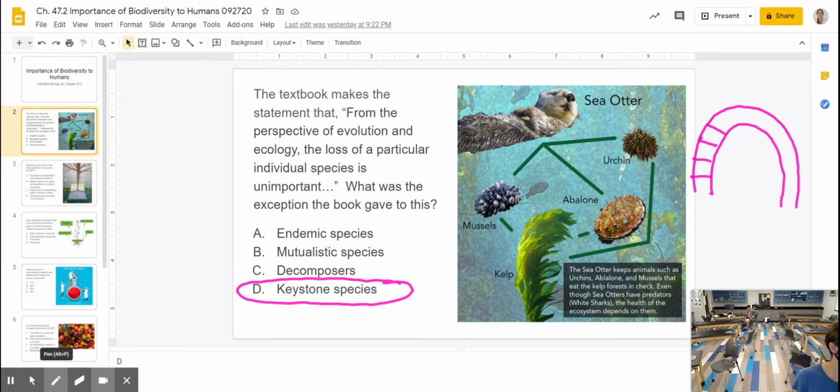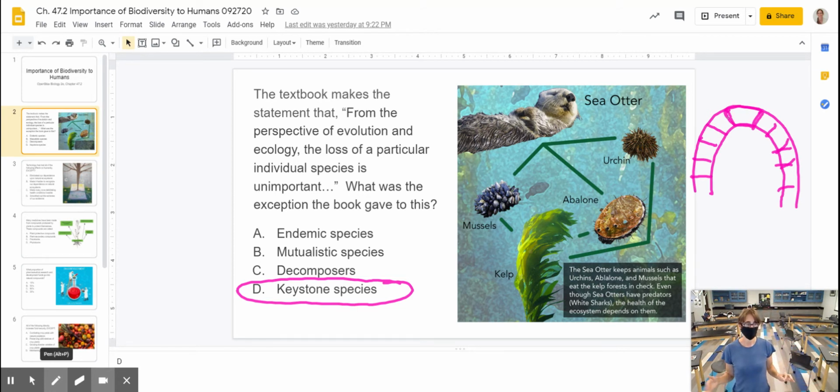And the keystone is the stone at the very top of the arch. And it has this unusual shape like this. And that stone, if it's not present, the entire arch will fall apart. It will no longer have structural integrity.